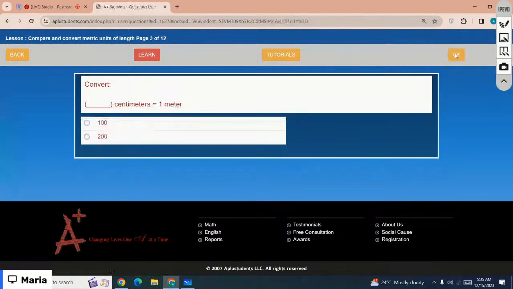1 meter equals how many centimeters? 1 meter equals 100 centimeters.